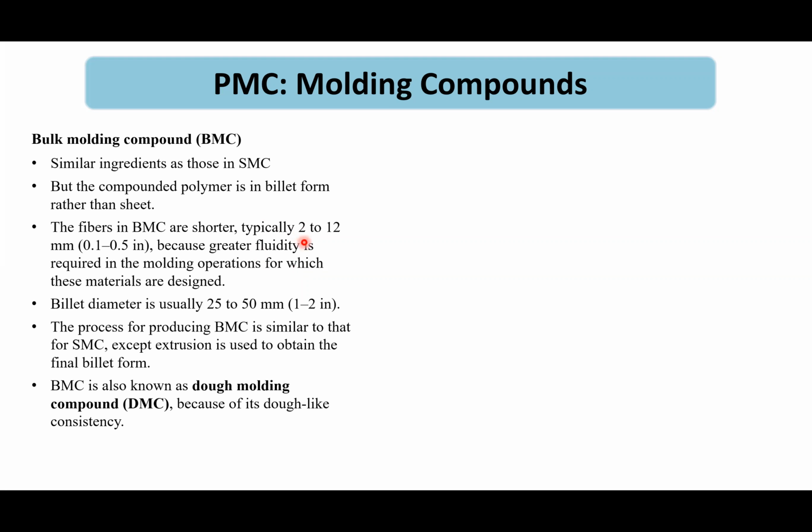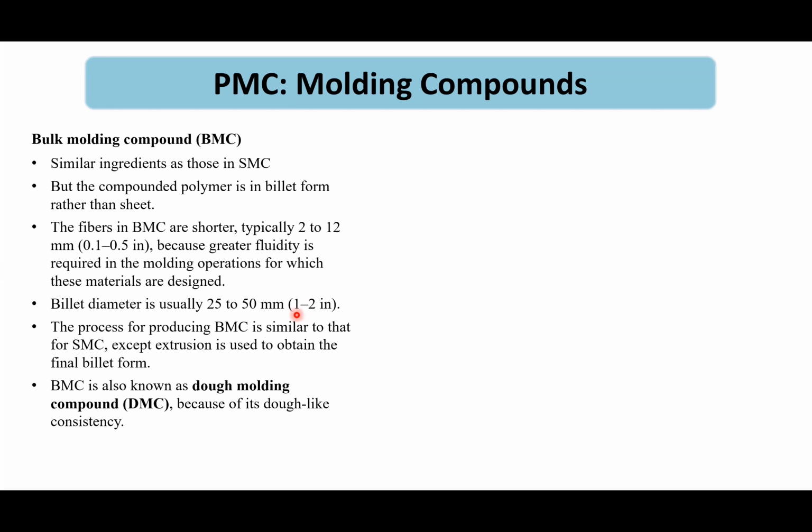In the previous one, we said 12 to 75 millimeter long, but in this case, it has to be 2 to 12 millimeter long to obtain greater fluidity to pass through the die of the extrusion method. And the billet output diameter usually varies from 25 to 50 millimeter.